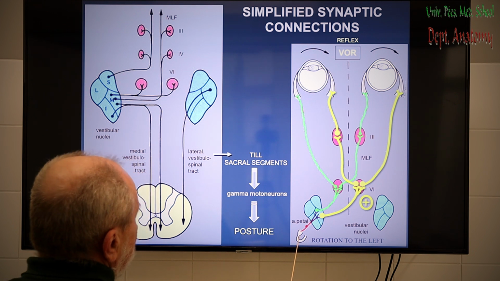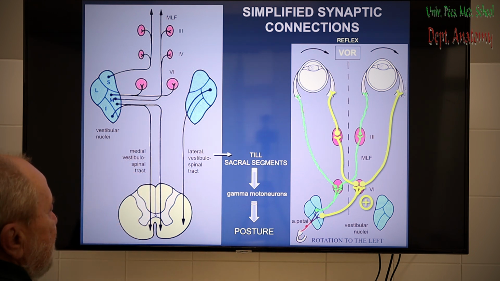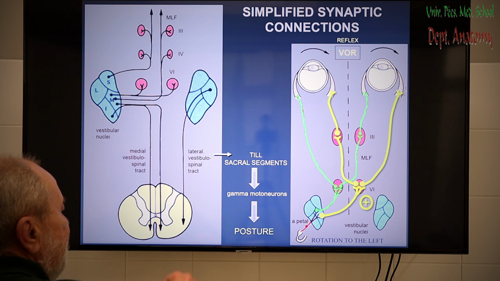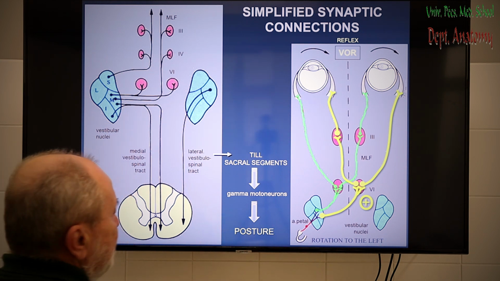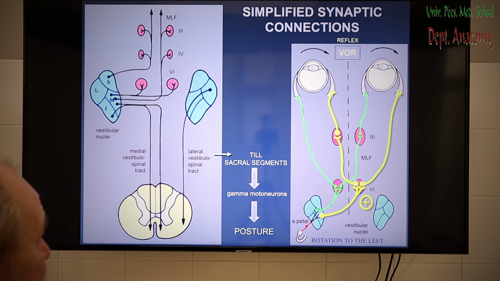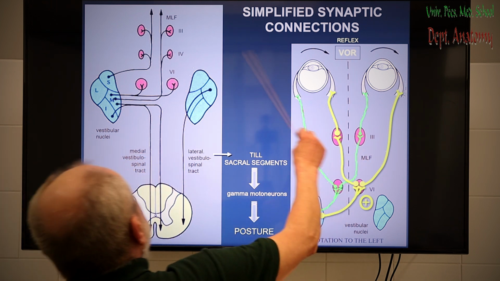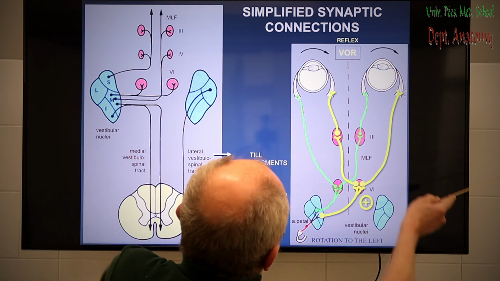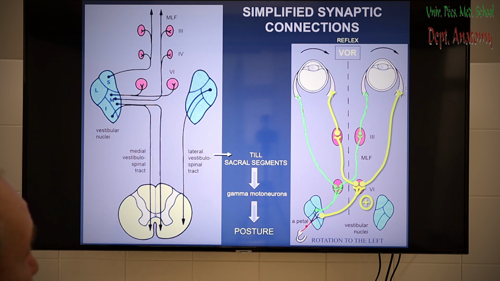So this increases the excitement of hair cells of the left side, but contrary to that, on the right side, the result is inhibition. So turning the head to the left results in opposite movement in the horizontal plane of both eyes.